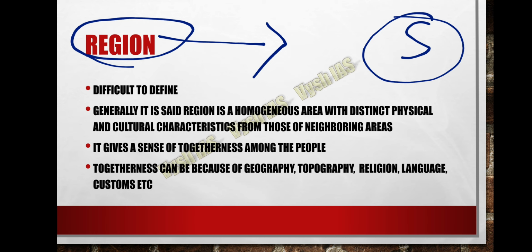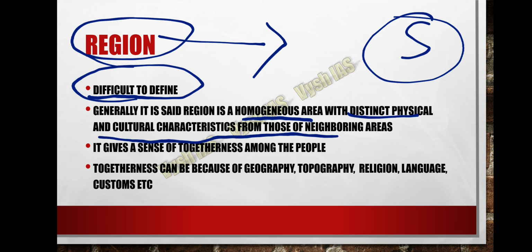What is a region is a basic question. The term region is very difficult to decide, because the definition of region differs from area to area. Generally it is defined as a homogeneous area with distinct physical and cultural characteristics from those of the neighboring areas.